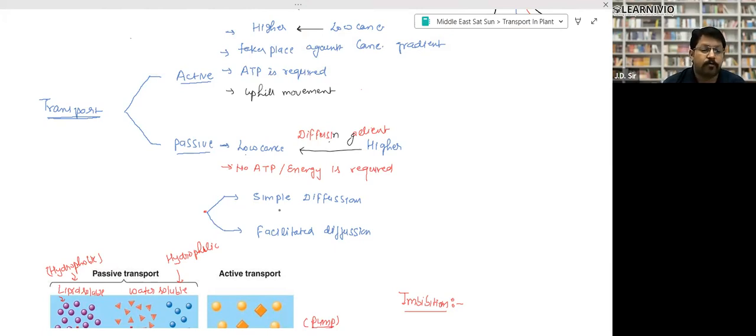It may be of two types: simple diffusion or facilitated diffusion. In simple diffusion, the molecule simply passes through, and in facilitated diffusion, a protein is required. Is that clear?